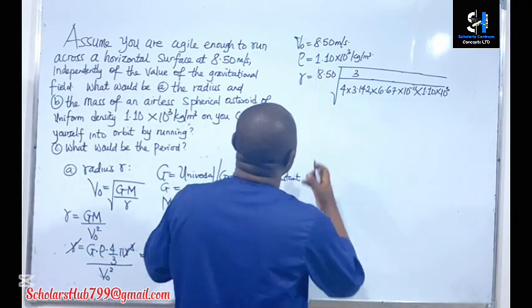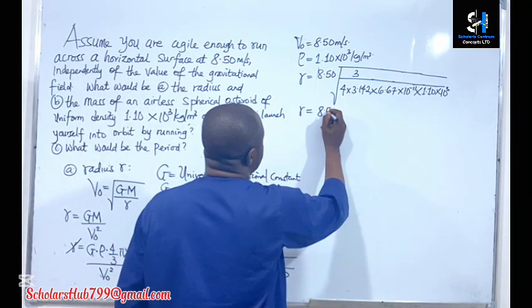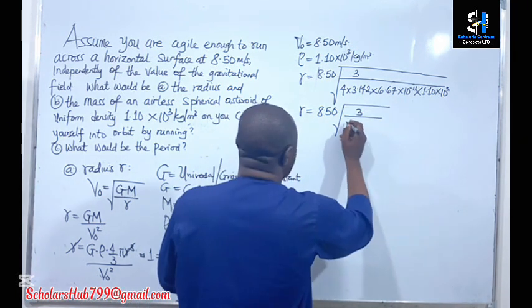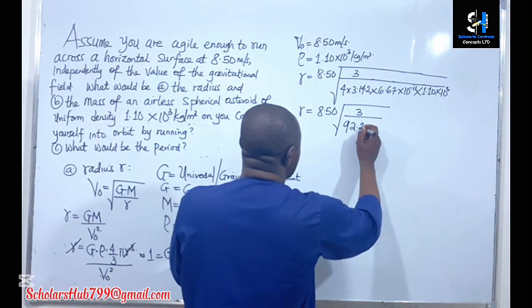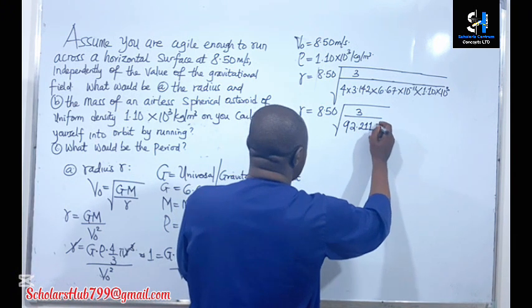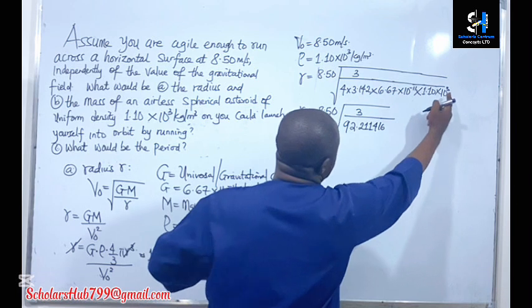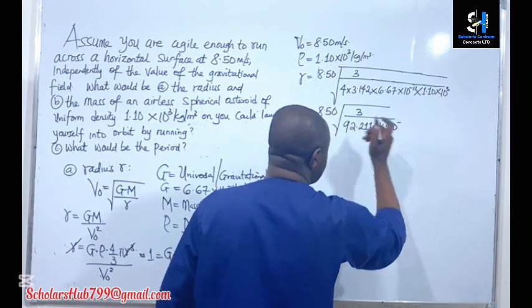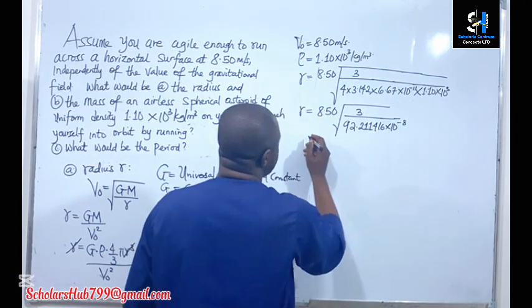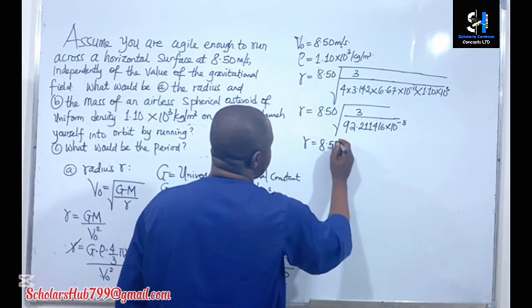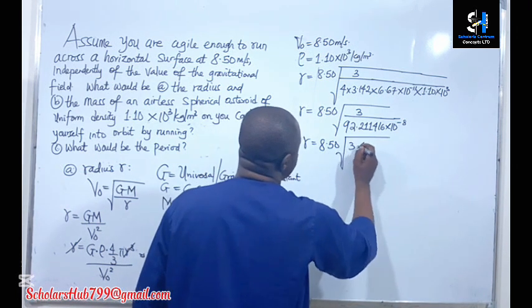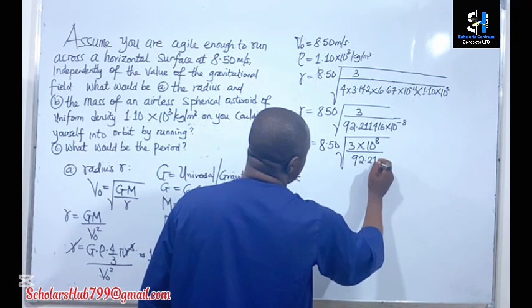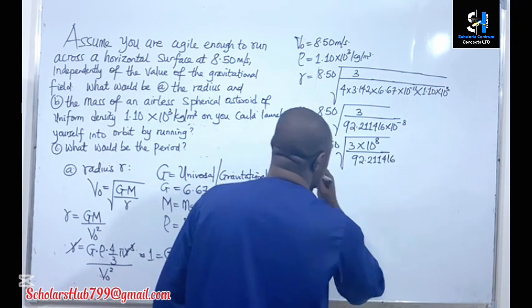So then r will be 8.50 square root of 3 divided by 92.211416. Now when we combine the powers of 10, this will be 10 raised to the power of minus 8, so r equals 8.50 square root of 3 times 10 raised to the power of 8 over 92.211416.